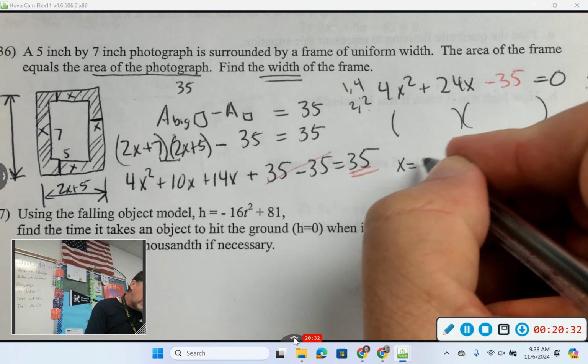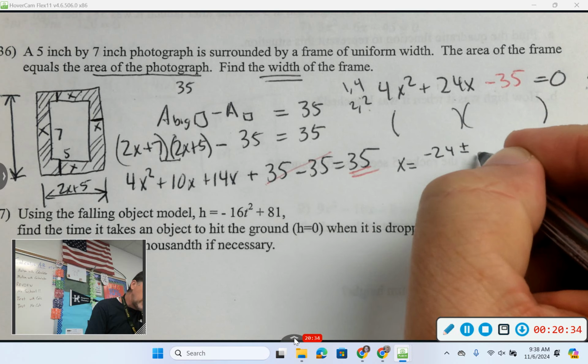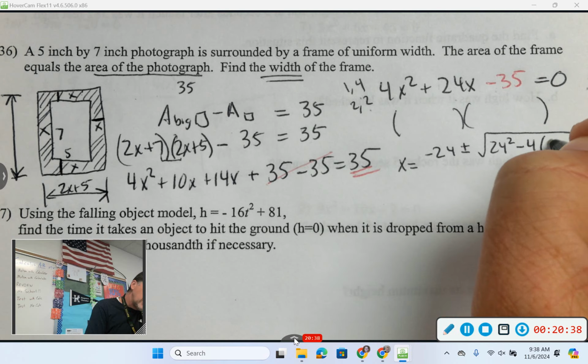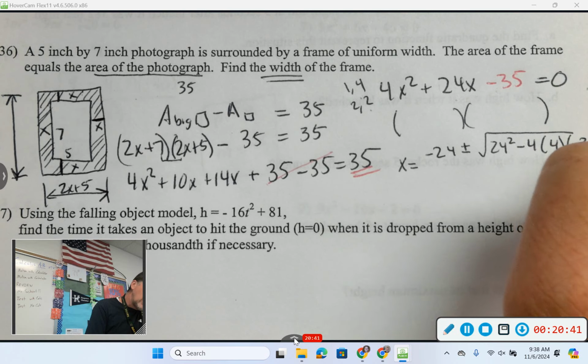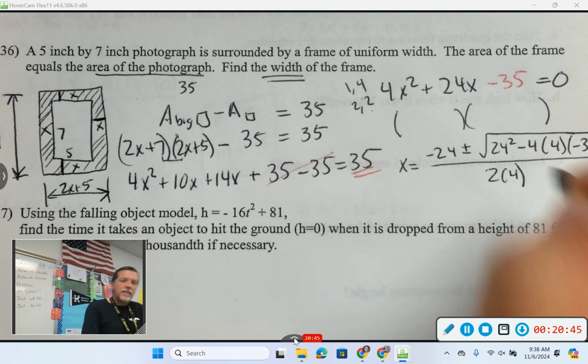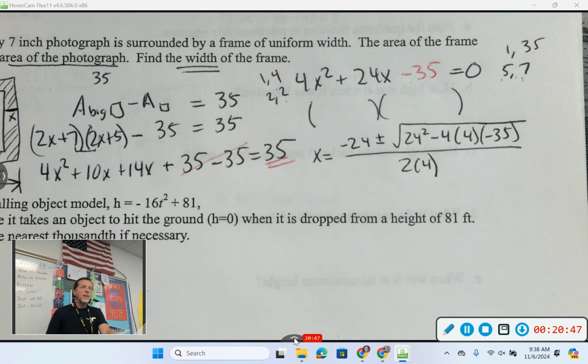So x equals negative b plus or minus the square root b squared minus 4ac, careful with the negative, Jenna, all over 2a. It's the unknown part to that song. Careful with the negatives.